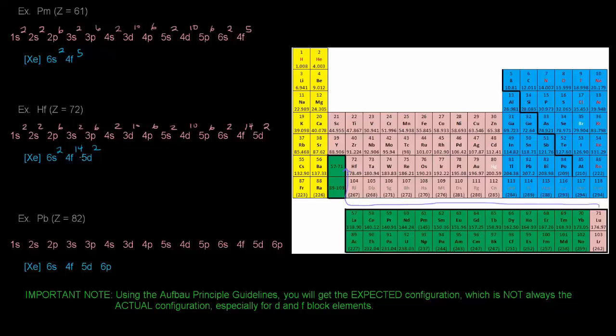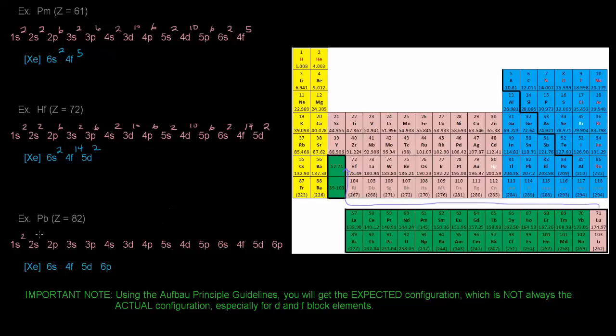For lead, notice that lead is in the same row as hafnium, and it's after it. Lead is over here, 82. So it follows hafnium. Hafnium is in the 5d row, so the 5d row completes before lead. Everything up through 5d is complete.